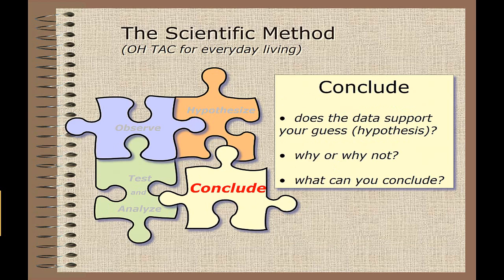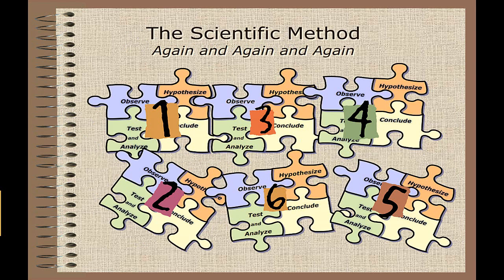And then finally, having analyzed your data, you look at whether it supports your hypothesis or it doesn't support your hypothesis. If it supports your hypothesis, you haven't proved that your hypothesis is true, but you have added weight to it being correct. If the data disproves a hypothesis, then you've shown that your hypothesis is incorrect, and now you can begin the process again, refine your hypothesis, and try a new experiment.